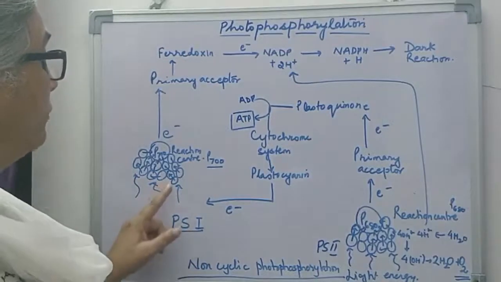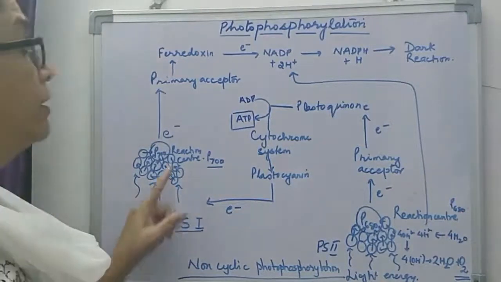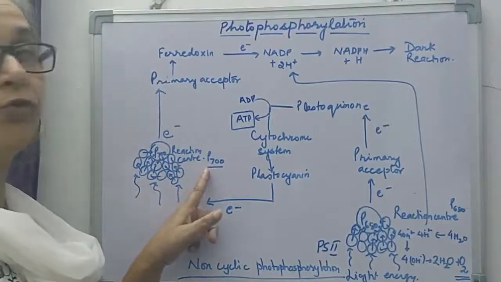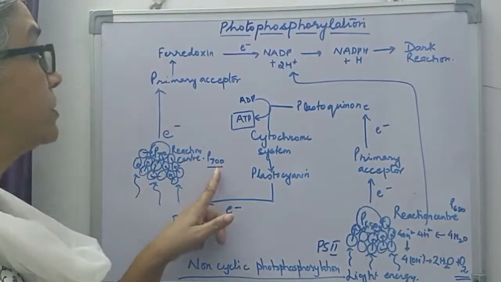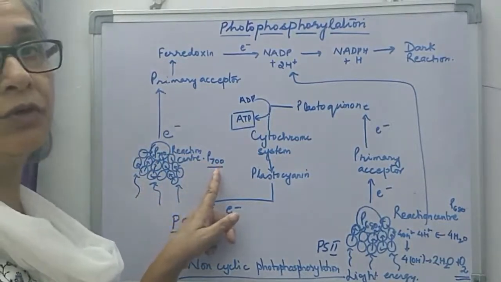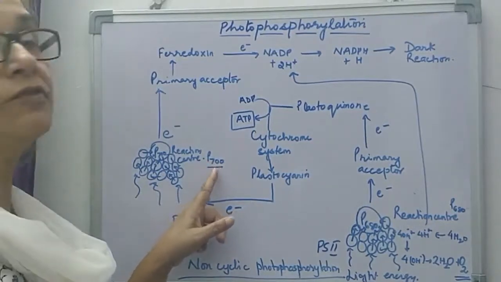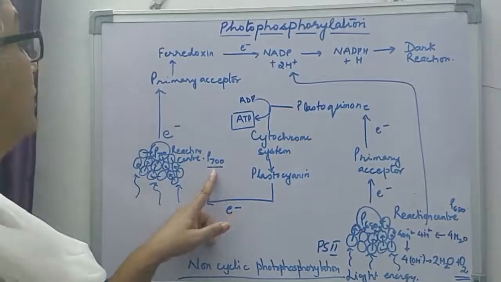In photosystem 1, the reaction center is formed by chlorophyll A, which absorbs light of 700 nanometer wavelength.